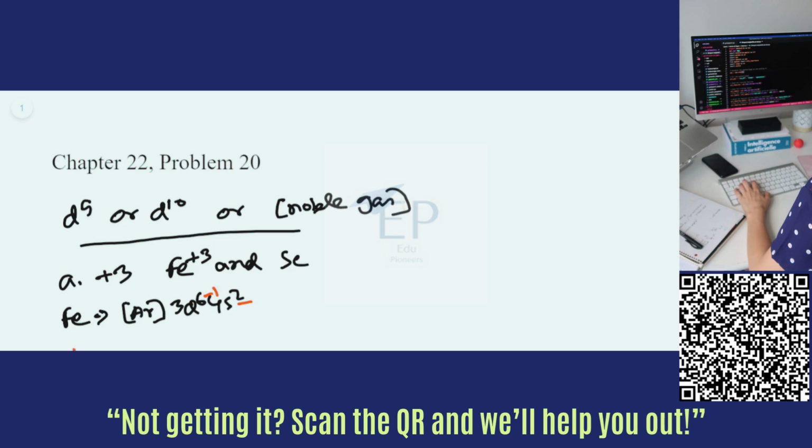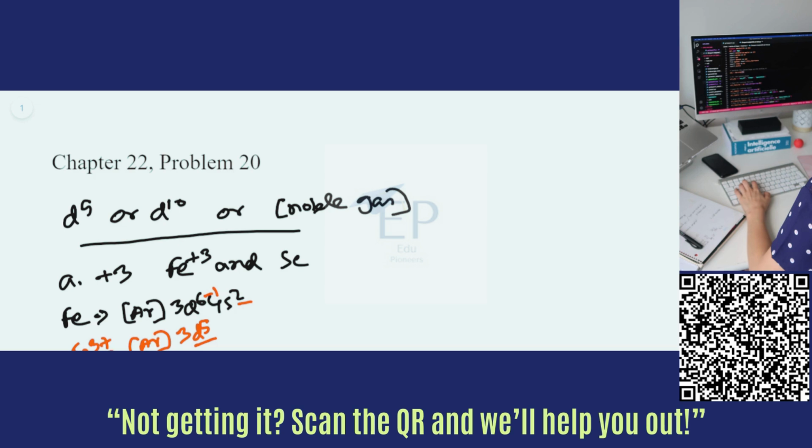So Fe3+ will have an electronic configuration of argon and then 3d5. As we said, if the transition metals have a d5 electronic configuration, that is more stable than any other electronic configuration, and that's why Fe3+ is the highest possible oxidation state for iron.